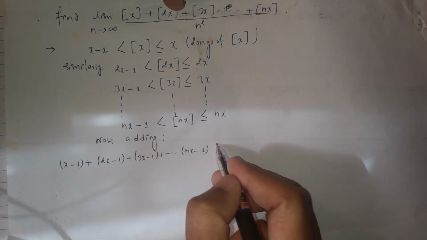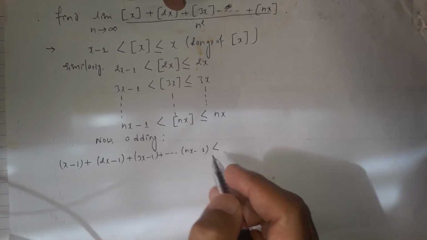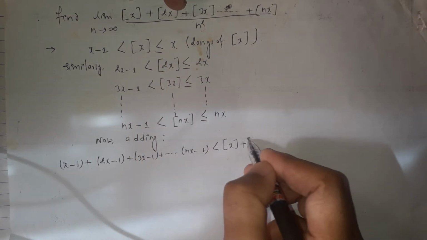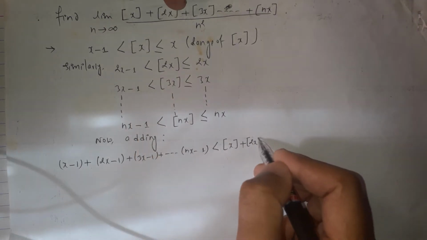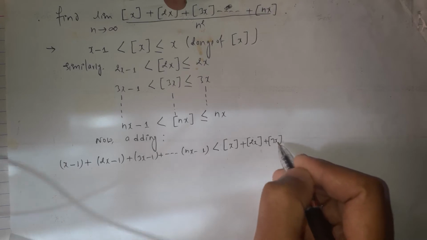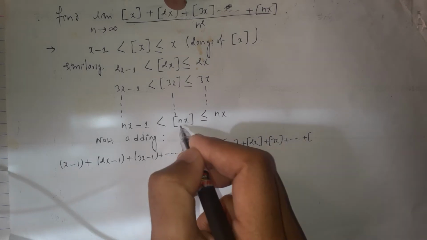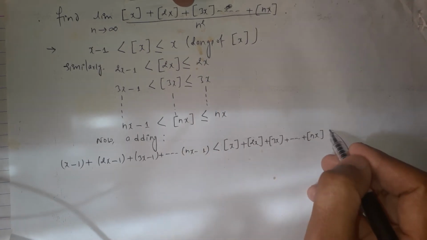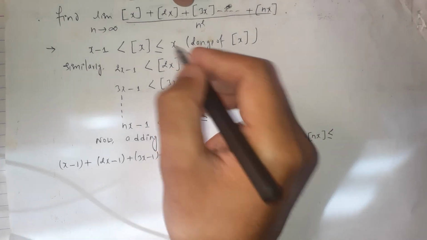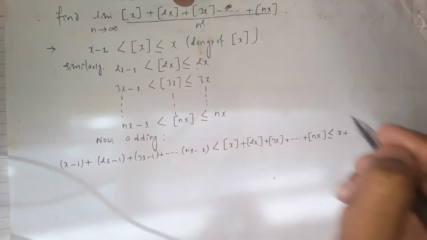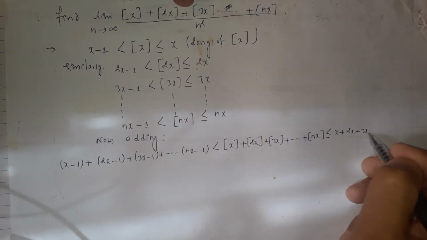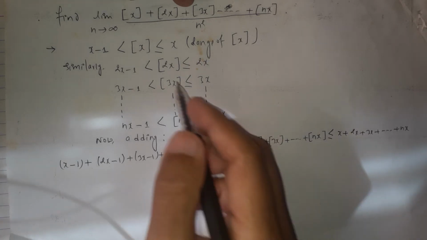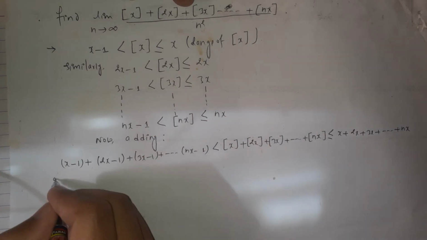This is the left part, and it is less than the middle part, which is the greatest integer of x plus the greatest integer of 2x plus the greatest integer of 3x and so on up to the greatest integer of nx, and this expression is less than or equal to x plus 2x plus 3x and so on up to n times x. Here we just add these inequalities.